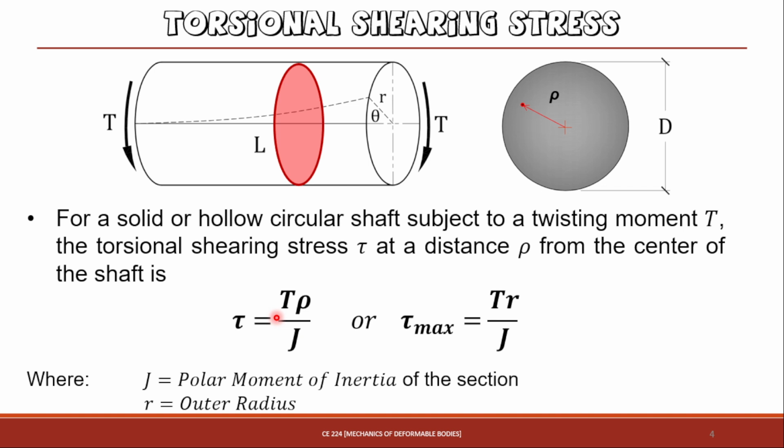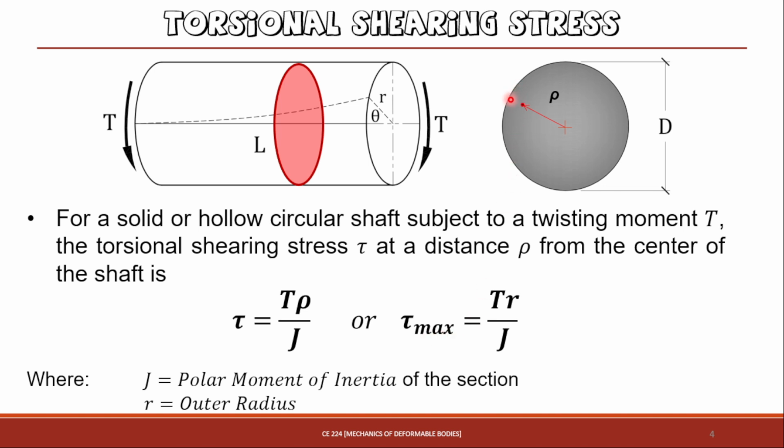Okay? And if you observe yung rho natin, pag palaki ng palaki, ibig sabihin yung stress natin palaki ng palaki. Okay? And pag yung point of interest natin ay nasa pinakamalayo na point from the center, makukuha na natin yung shear max.